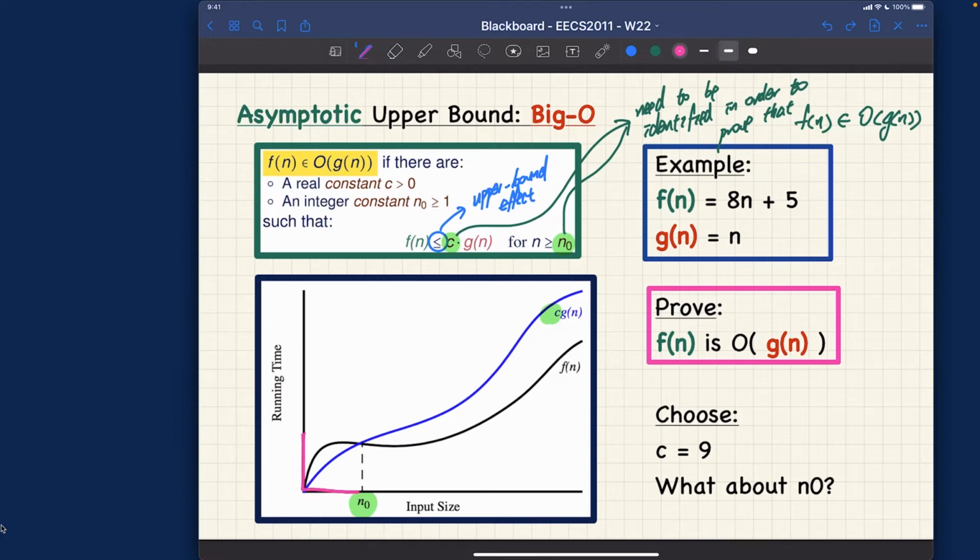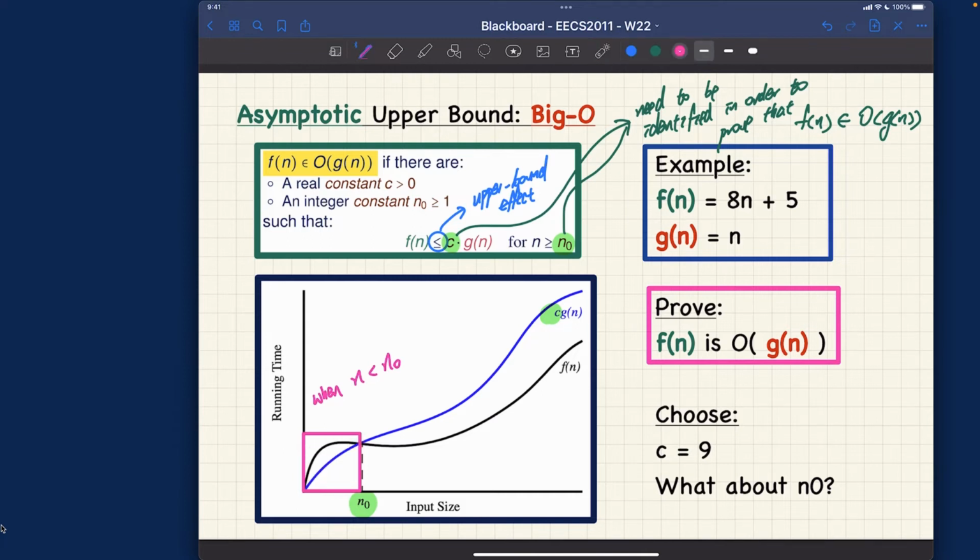Before n0, when the input size n is strictly less than n0, as you can see over here, this is f of n. Is it upper bounded by g of n, the blue one? It is not. It's the opposite.